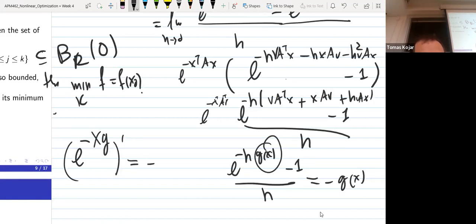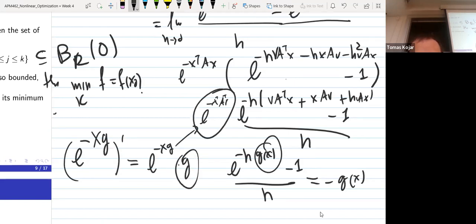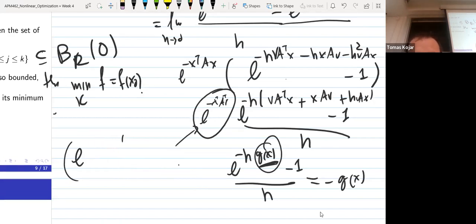It is equal to minus e to the minus x g times that g guy. So this is the first factor, and then you pick out this constant. Is that okay so far?